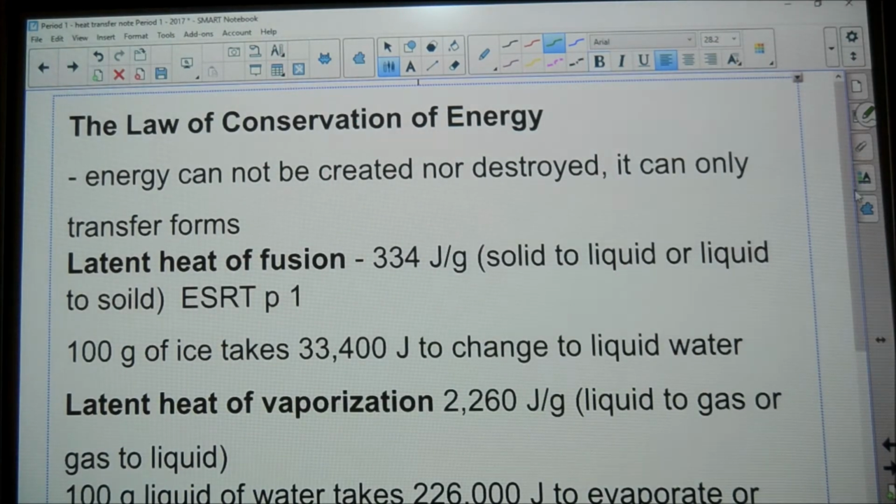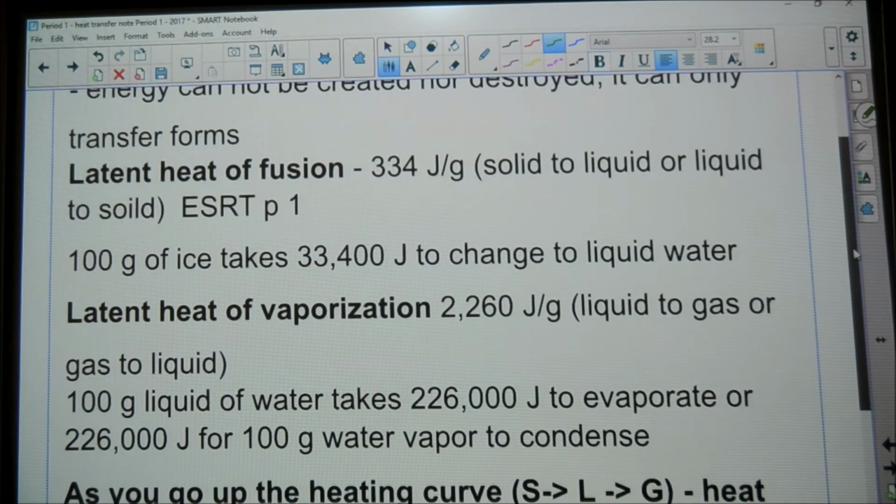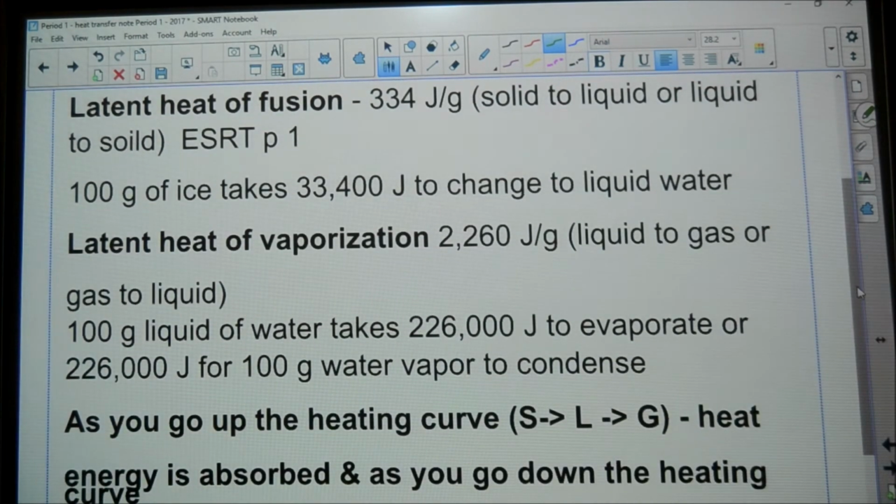If I have that 100 grams of water and I want to evaporate it, it's going to take 226,000 joules to evaporate that 100 grams of water. Or in reverse, it's going to take 226,000 joules to actually condense the 100 grams of water.